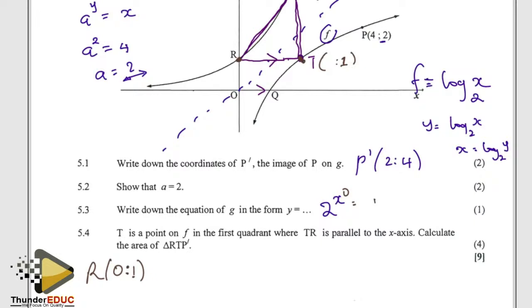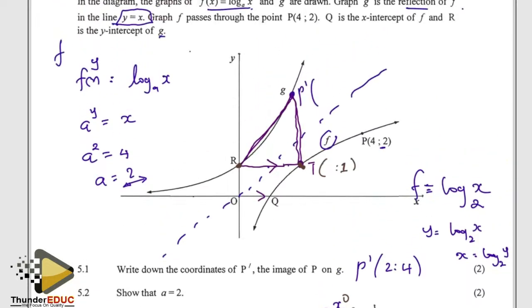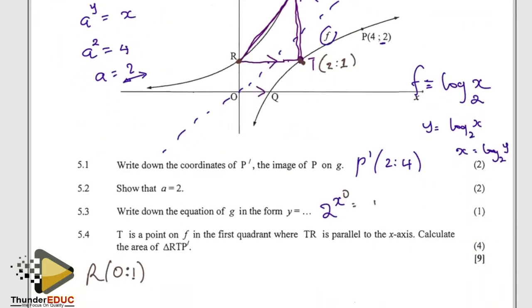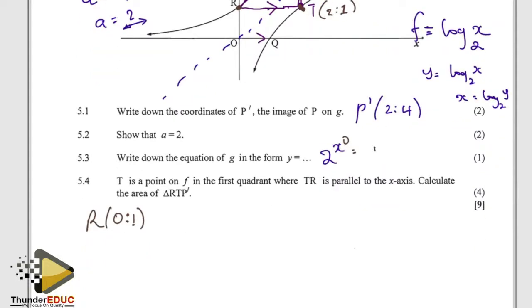If I use the equation of f to find what x is, 1 is equal to log base 2 of x. What's going to be x there? If I change this to exponential, it's going to be 2 to the 1 is equal to x, which means x is going to be 2 there.